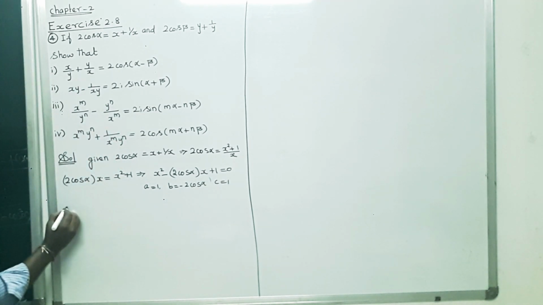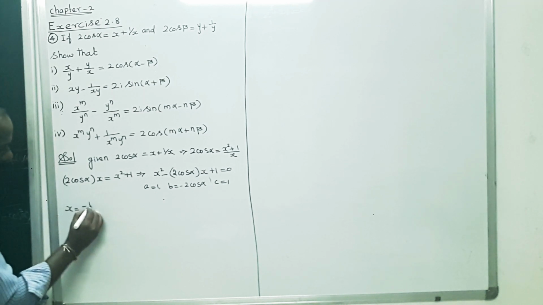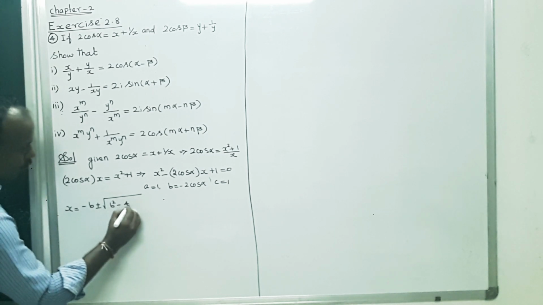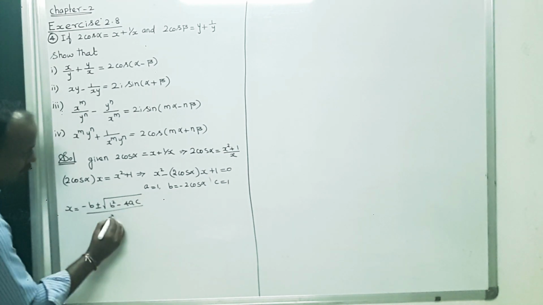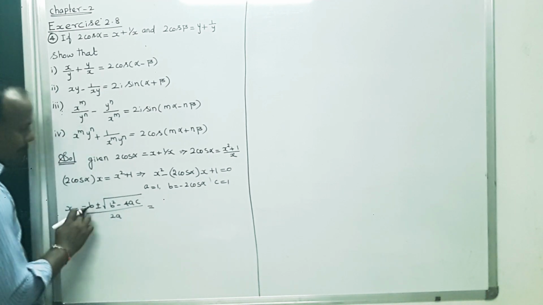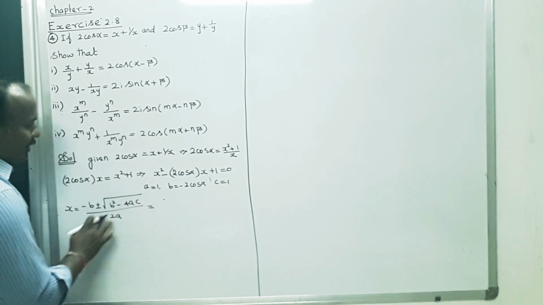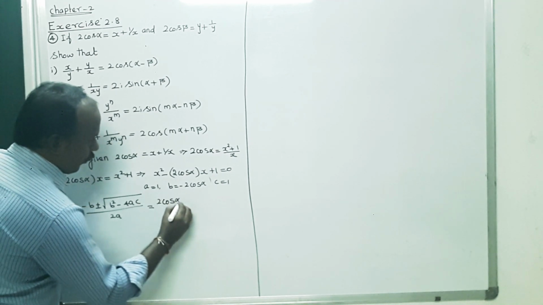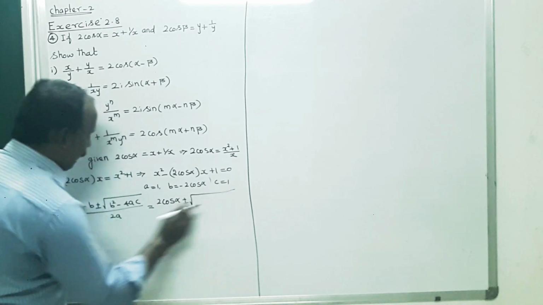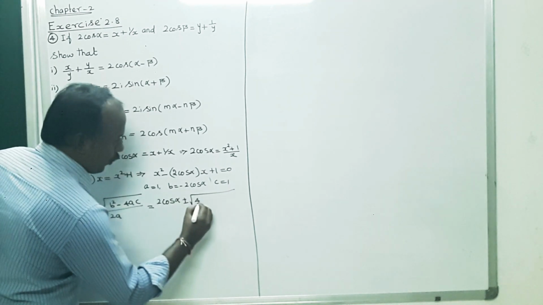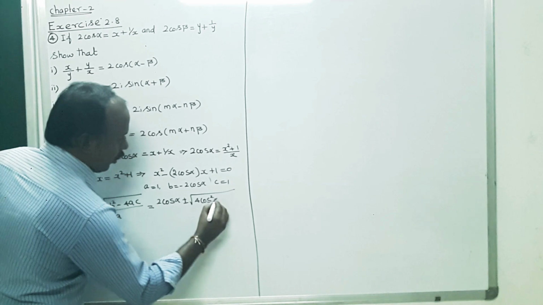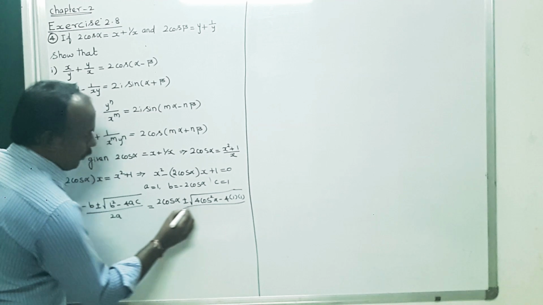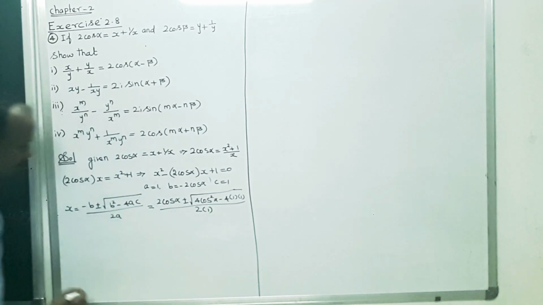So x is equal to, by the formula we know, minus b plus or minus root of b square minus 4ac the whole divided by 2a, which implies minus b means 2 into cos alpha plus or minus root of b square means 4 into cos square alpha minus 4 into 1 into 1, the whole divided by 2 into 1.